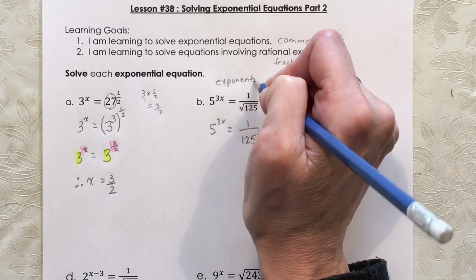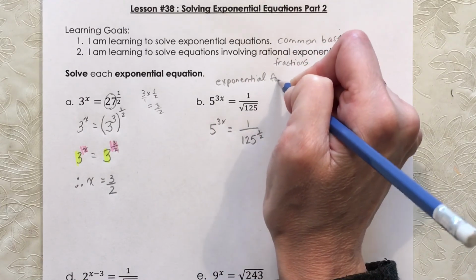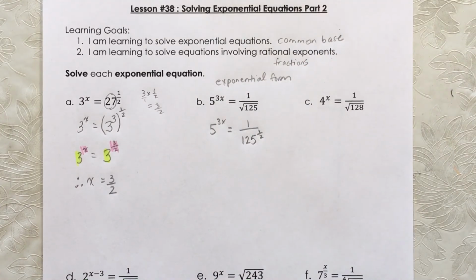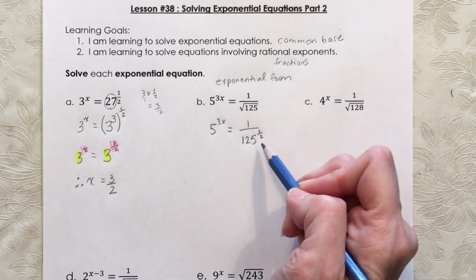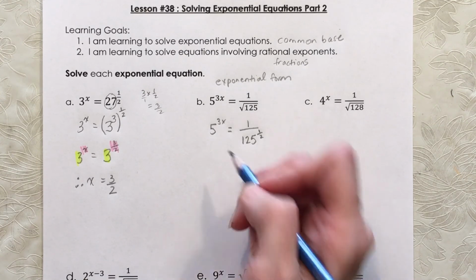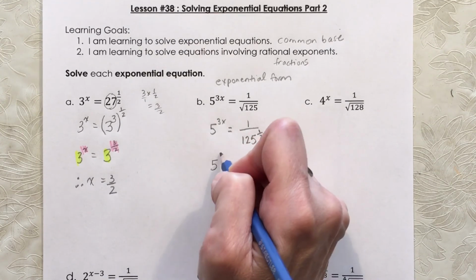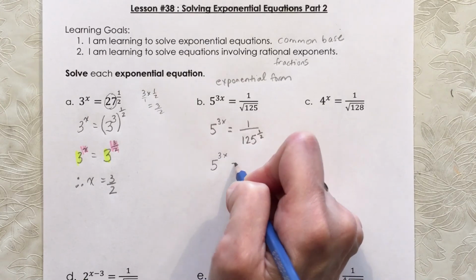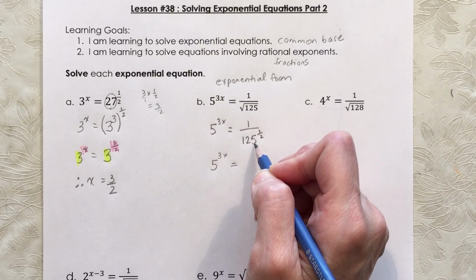So whenever you see a radical, when you're solving an exponential equation, you're putting it in as a fractional exponent instead. Whereas the last time when we were evaluating, we were changing from exponential form into radical form. Okay? So it's the other way of thinking, backwards here. So now I want 125 in the numerator.